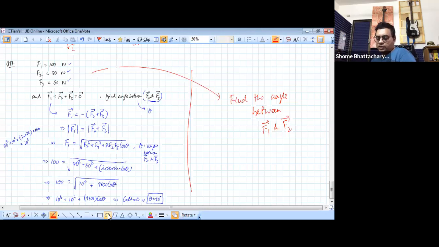Think again, beta, you will get cos theta as a negative quantity. So yours cannot be 37. It will be the supplement of 37 actually. Yes, Yancy, you can do that way also. That's correct.